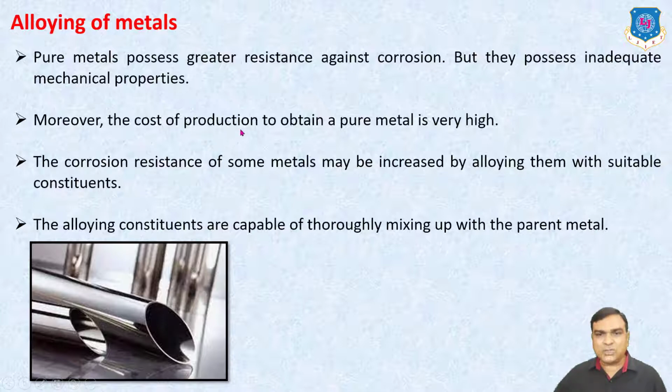Moreover, the cost of production to obtain a pure metal is very high. The corrosion resistance of some metals may be increased by alloying them with suitable constituents. The alloying constituents are capable of thoroughly mixing up with the parent metal.